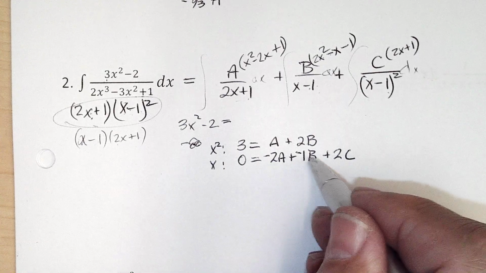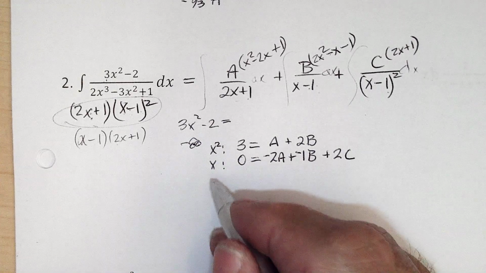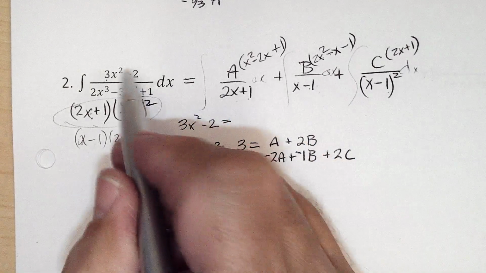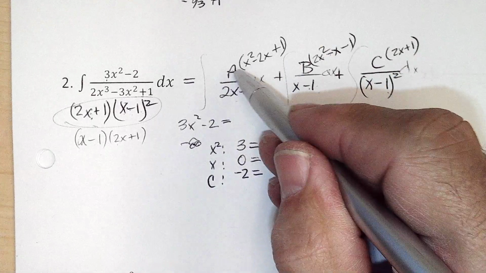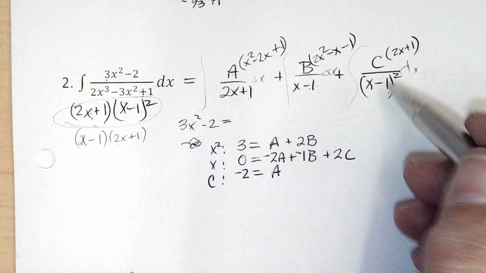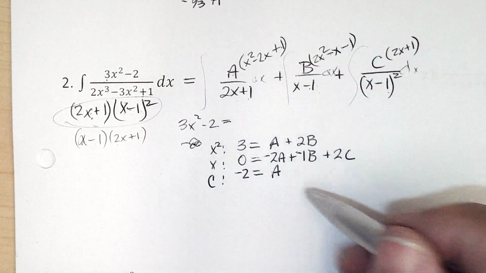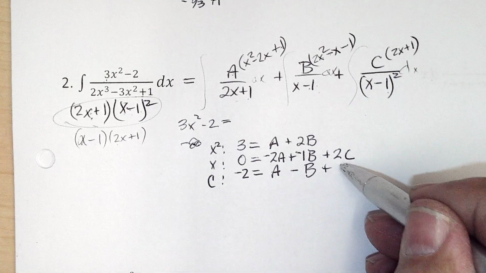The right a, b, and c has to add up to be 0 there. And the constant is a minus 2. And that's got to be plus a and a minus b and a plus c.